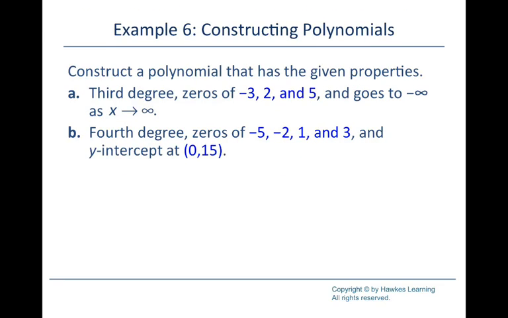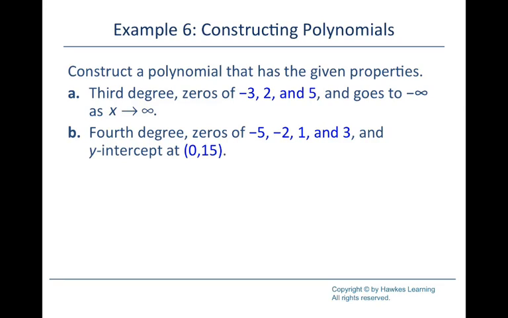So the next thing, the last piece of this PowerPoint, is to construct a polynomial that has the given properties. It's a third degree polynomial, goes from negative infinity to positive infinity, and goes to negative infinity as x approaches infinity. So that means as x gets bigger, it goes down.